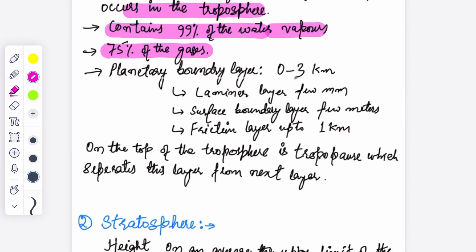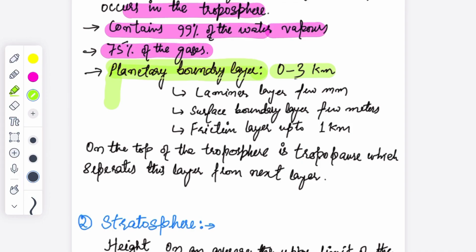Finally, the troposphere has another secondary layer in it, that is the planetary boundary layer. The planetary boundary layer is the lowermost part of the troposphere, which is about 0 to 3 kilometers. And this planetary boundary layer is influenced by friction, moisture and temperature.